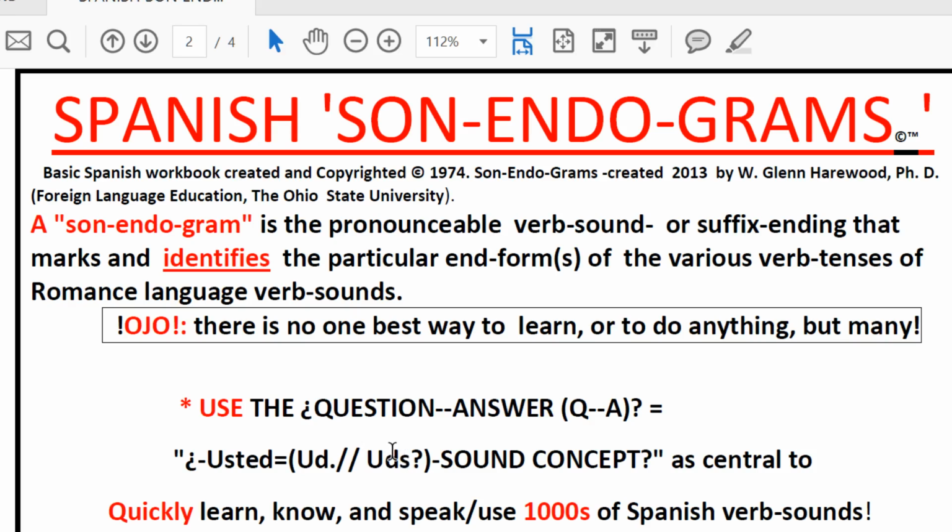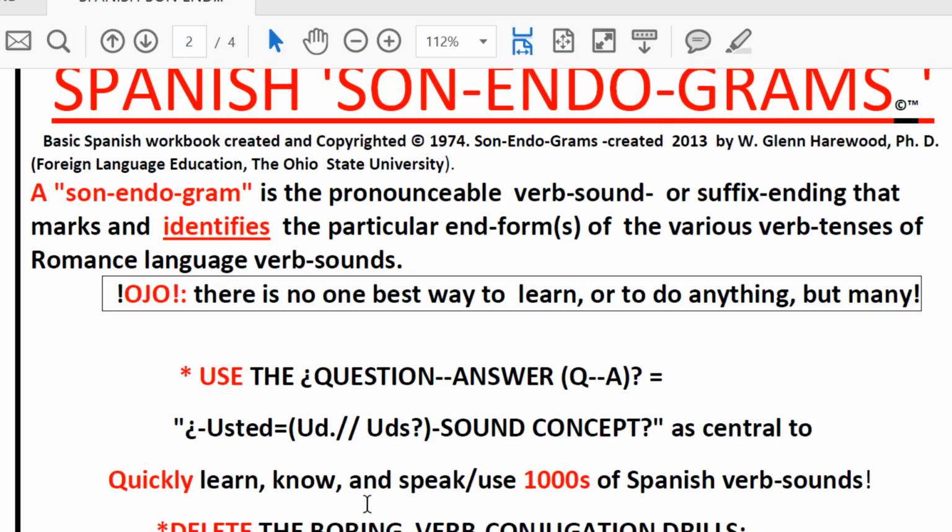Use this usted or ustedes sound concept as central to quickly learn, know, and speak or use thousands of Spanish verb sounds. Delete the boring verb conjugational drills that are found in textbooks and on the web in various forms.